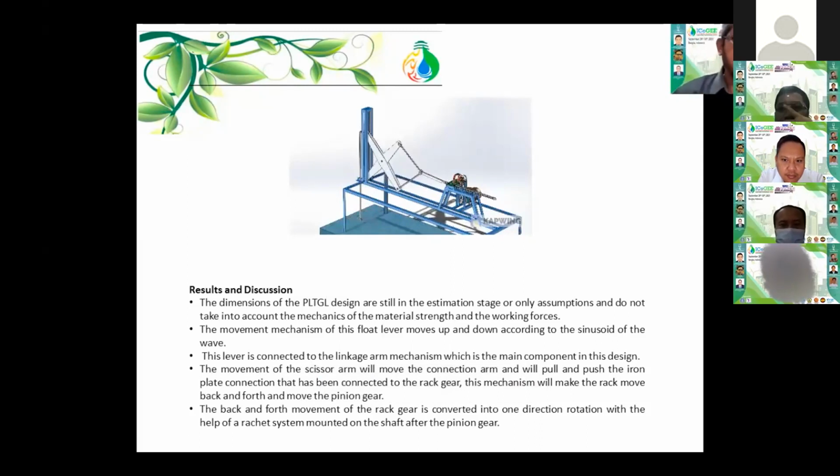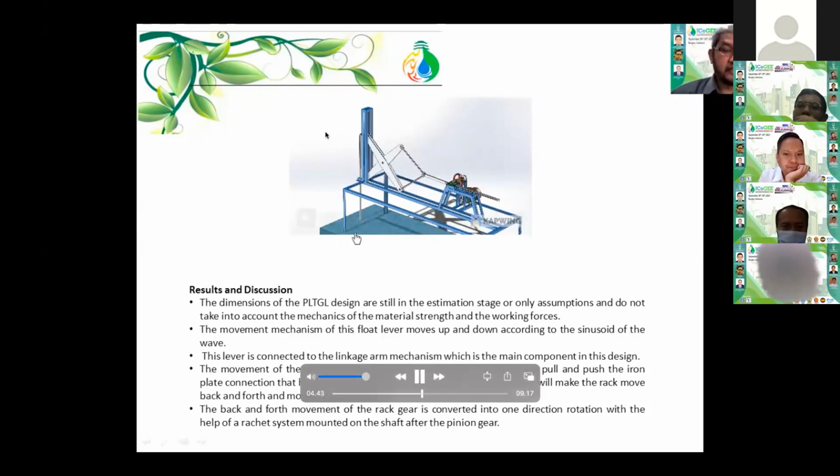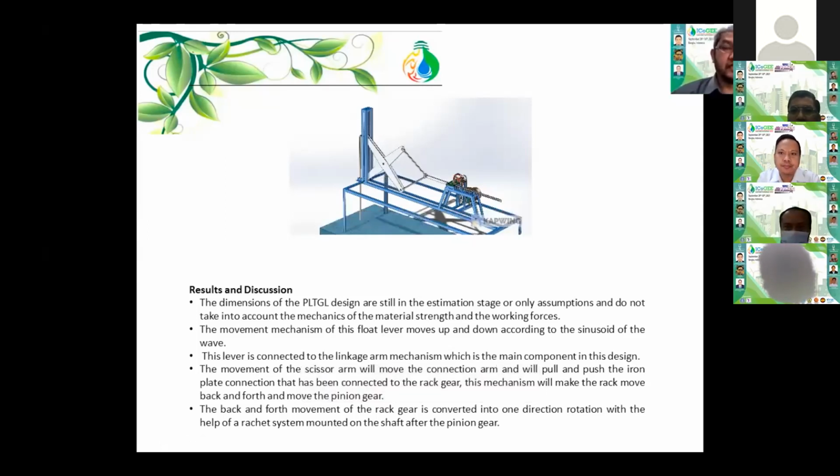The movement mechanism of this float lever moves up and down according to the sinusoid of the wave, but in this study it is driven using a CAM system. This lever is connected to the linkage arm mechanism, which is the main component in this design.